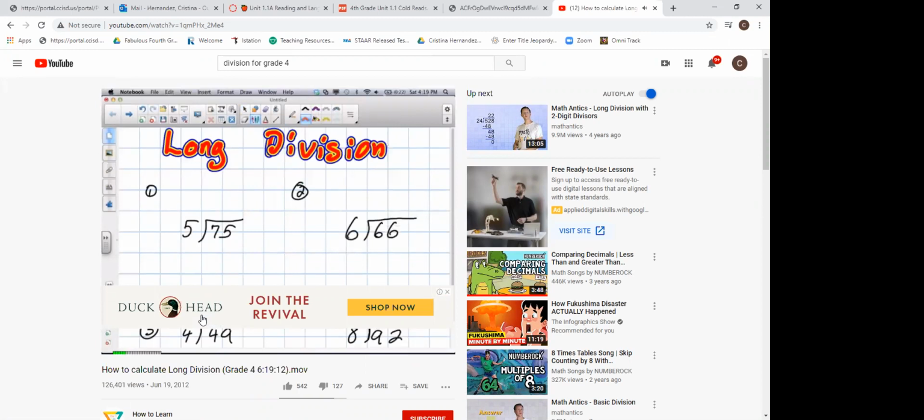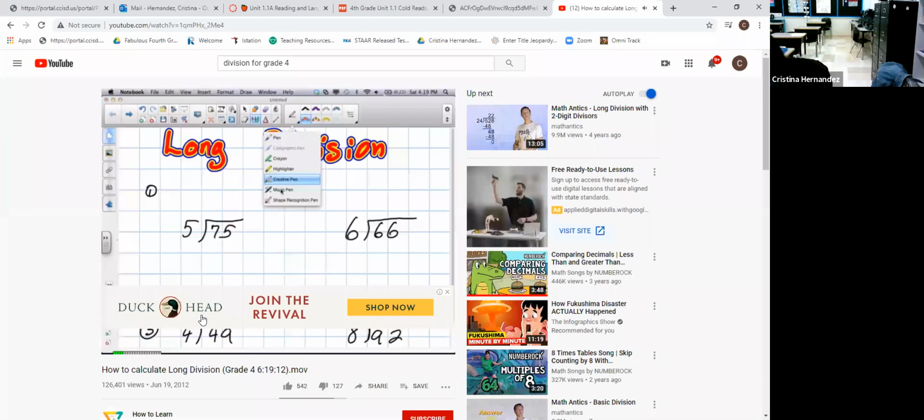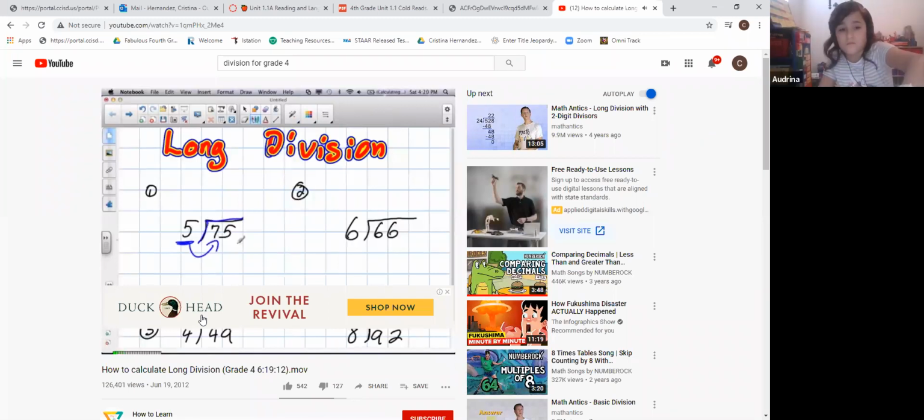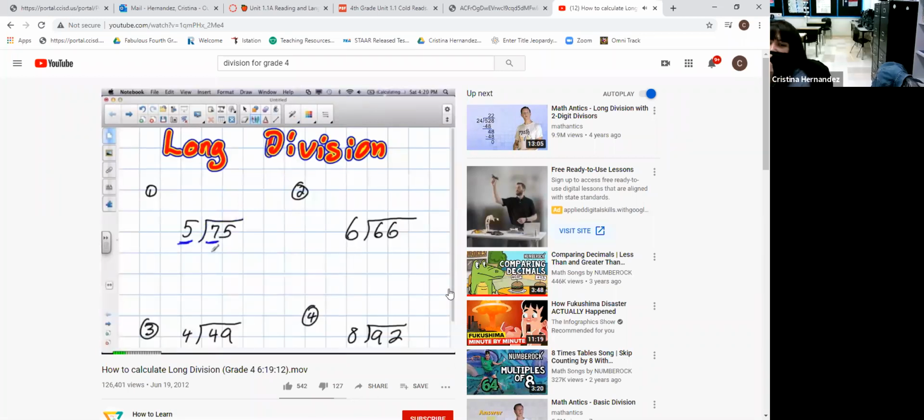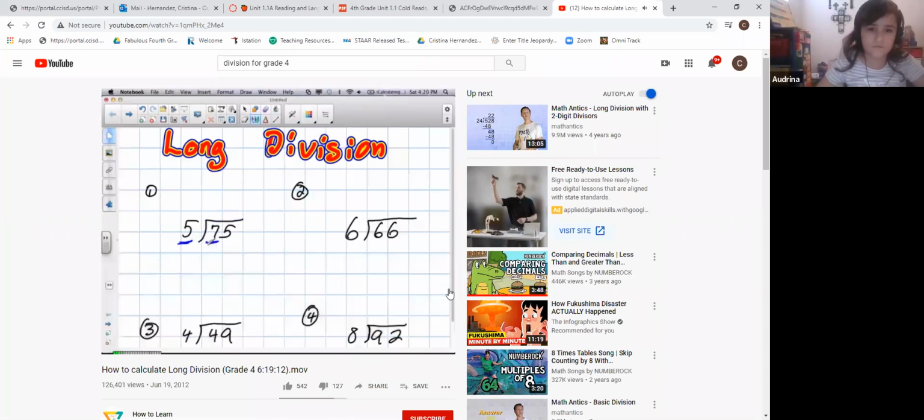Okay. In long division, a couple things we have to look at. First of all, we're dividing this number into the number underneath the division sign. We do one at a time, right? So the first thing we look for is 5 divided by 7. How many times does 5 go in? Right, it goes in once.